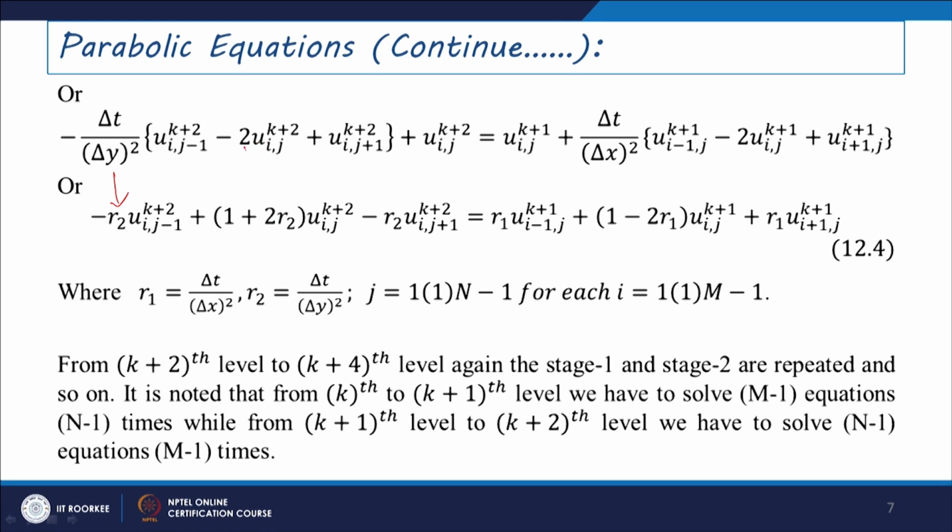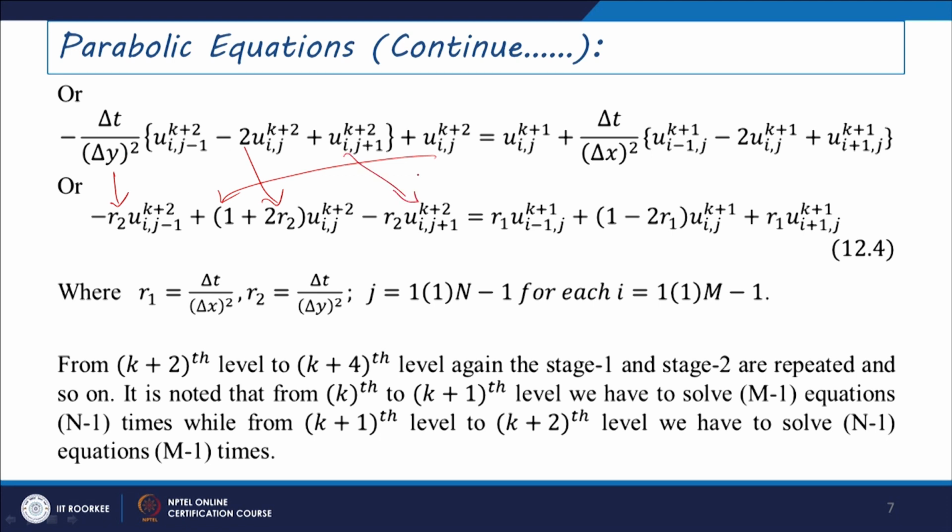So that gives you 2R2 here, and one term is coming from here. So that is why 1 plus 2R2 uij k plus 2 here, and the second term, if you just see here, is nothing but minus R2, and this term is written here.